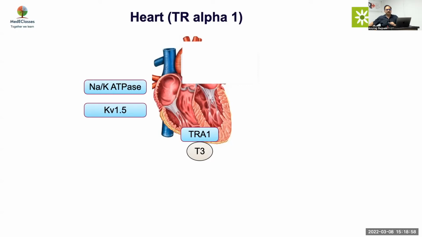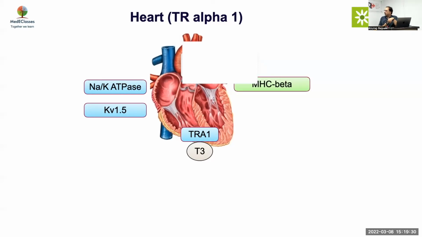I'm talking about contractility. If you have too much hyperactive sodium potassium ATPase, it causes what? We discussed this in hypokalemia. Hypokalemic paralysis. This is one of the mechanisms why thyrotoxicosis, especially in young males, has a tendency of developing hypokalemic paralysis. This is what is important to remember through the sodium potassium ATPase channel.